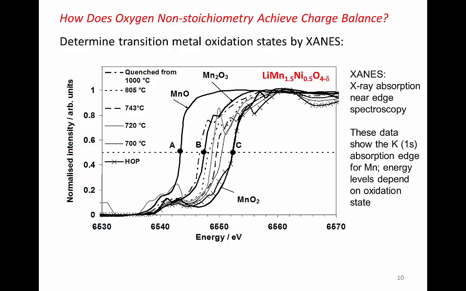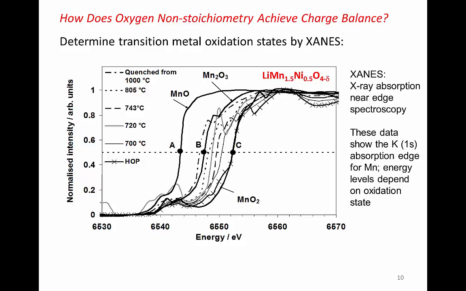And what this graph here shows is our lithium manganese nickel oxide spinel, and part of the X-ray absorption spectrum in the region of the manganese absorption edge. And the points to notice are that A, B, and C are the absorption edge spectra for 3 standard samples.